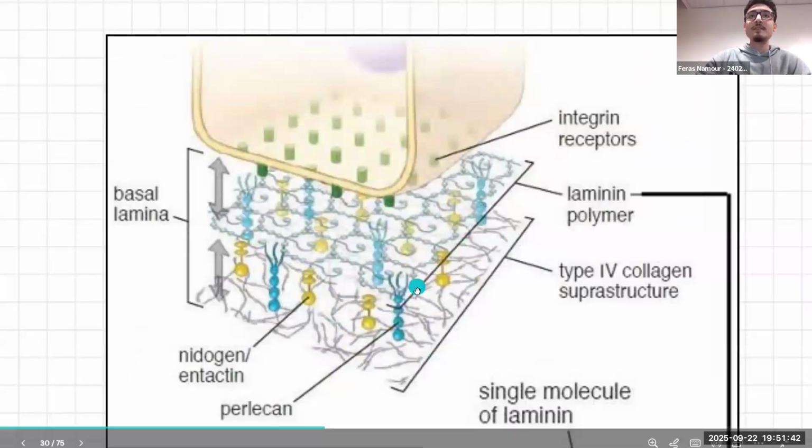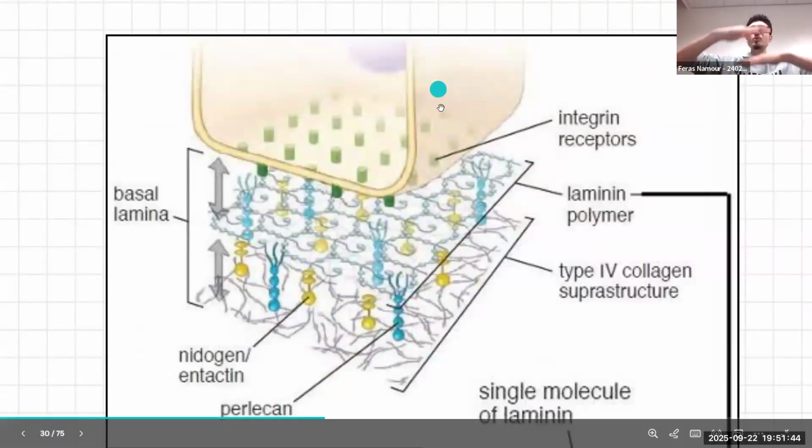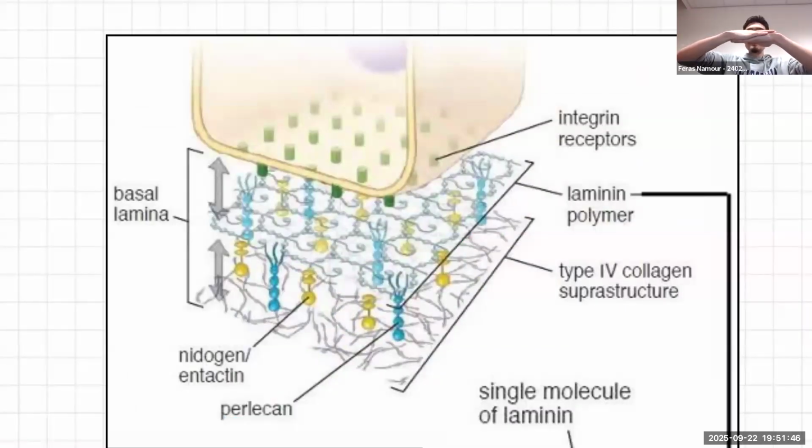Again, basement membrane, epithelium. I want the two layers of my basement membrane to hold tightly, and this layer to hold tightly to my epithelium. My epithelium will have integrin receptors, my integrin protein, and this is a protein found in the cell membrane of my epithelium. Remember when we talked about the cell membrane? It can have proteins. Integrin is one of these proteins.